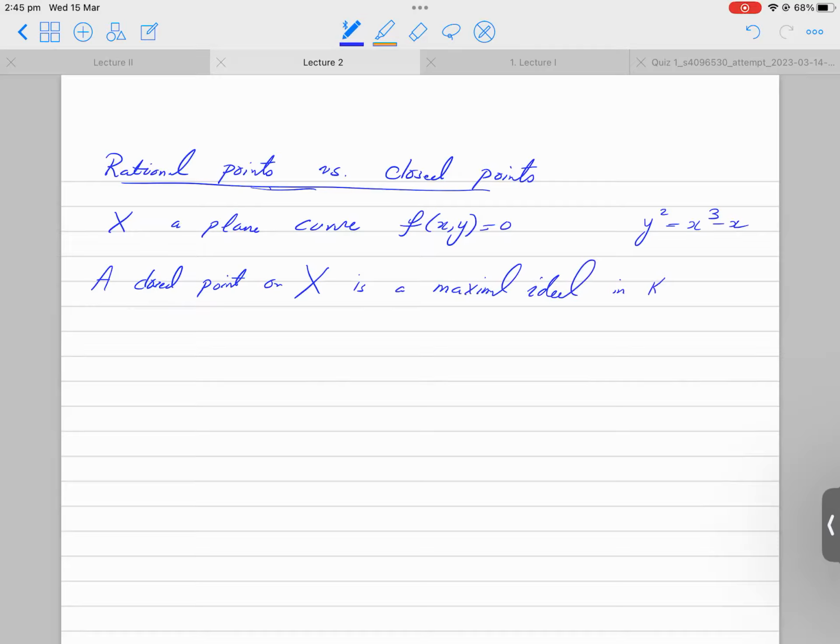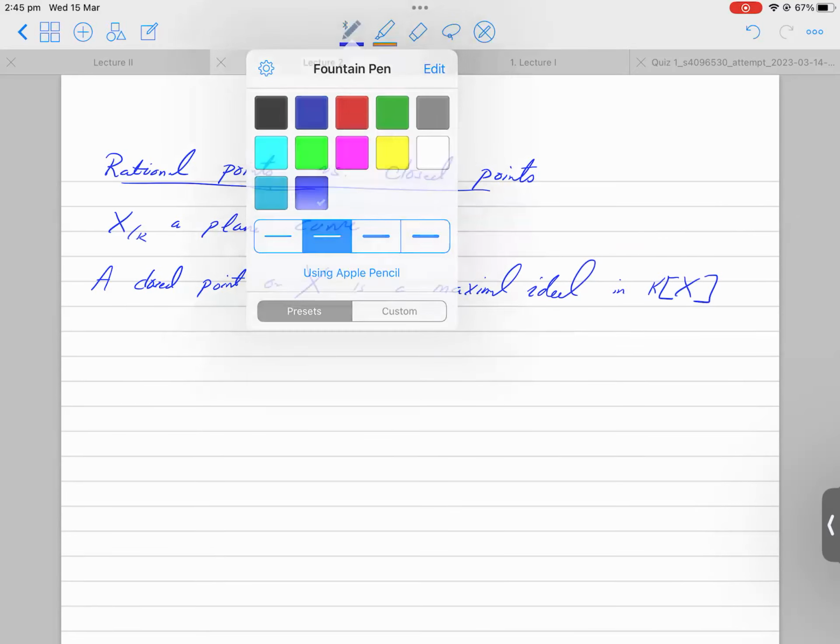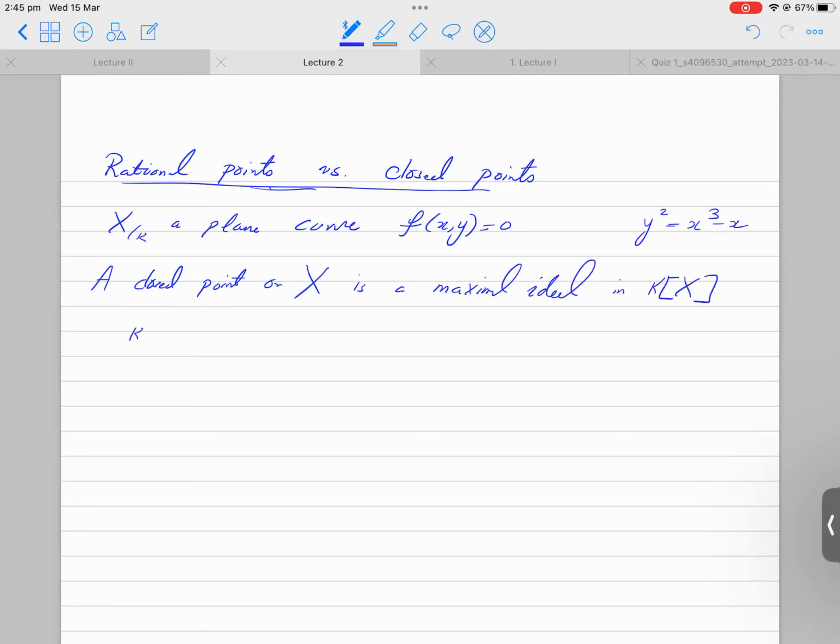So suppose this is over some field K. In our running example, this will be just K[x,y], polynomials modulo the ideal generated by f, which is K[x,y] modulo the ideal generated by y squared minus x cubed plus x.